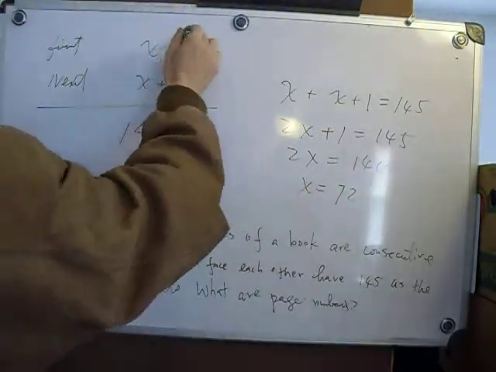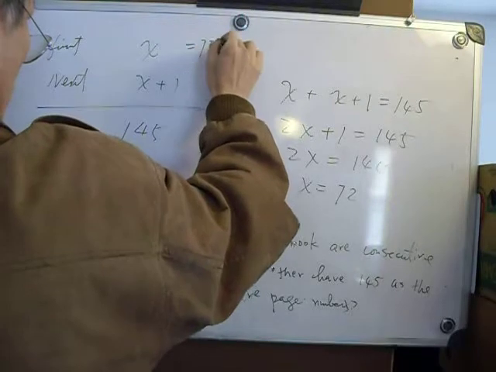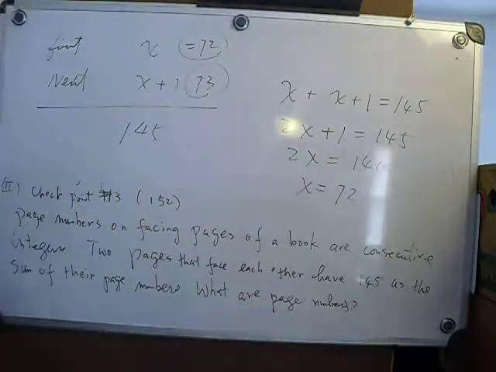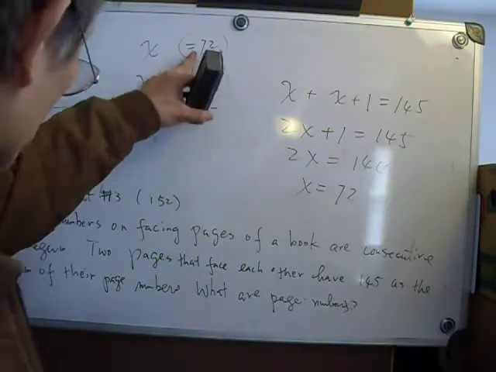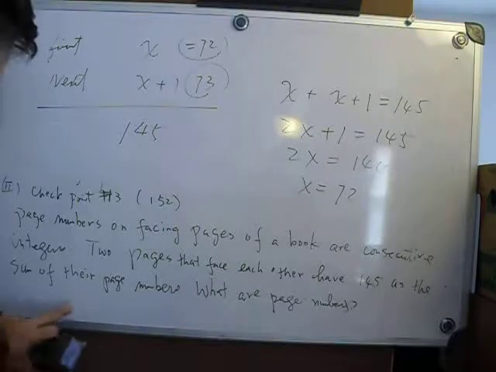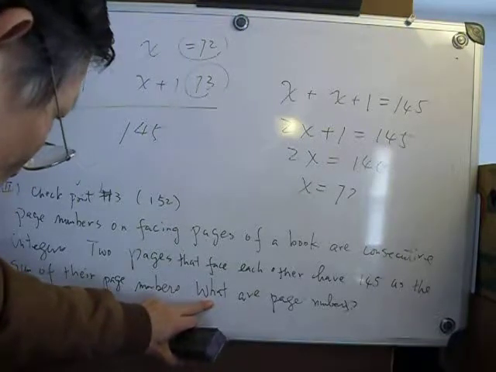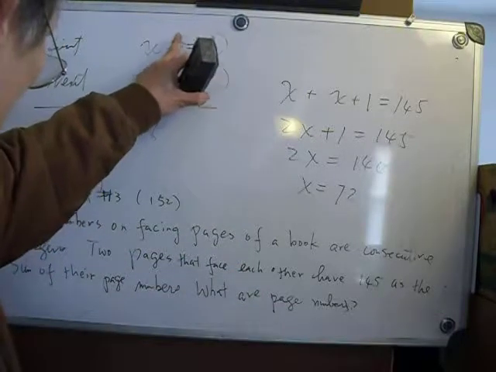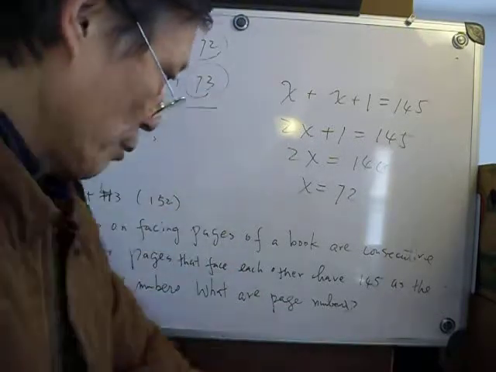So the first page is 72. The next one, 73. As you can see, if you add these 2 numbers, you get 145. That's exactly right. So that is what they're asking for. What are these 2 pages? The first one, 72. Next one, 73. Okay?